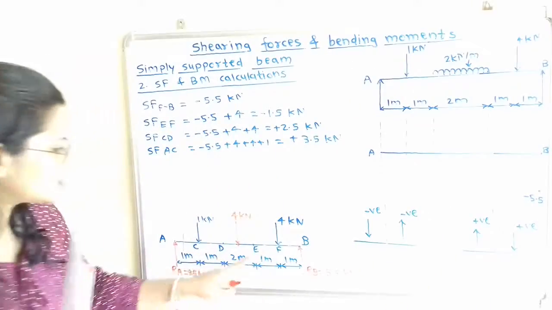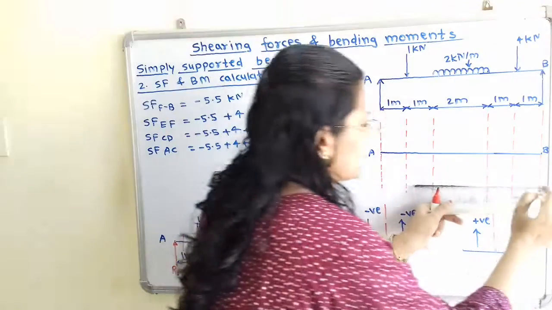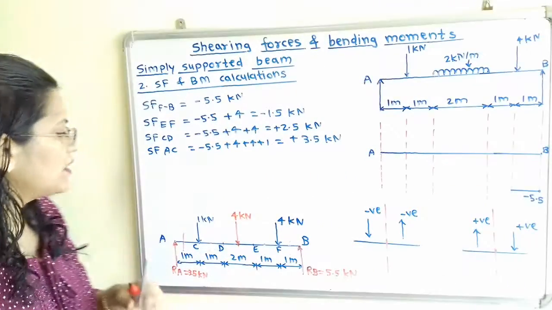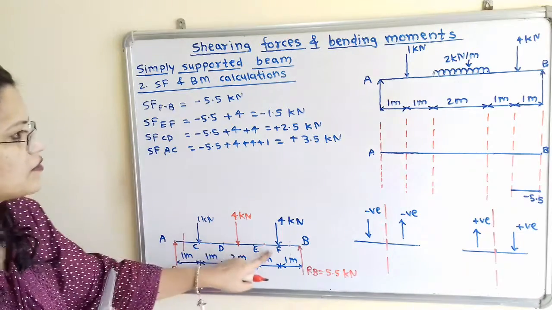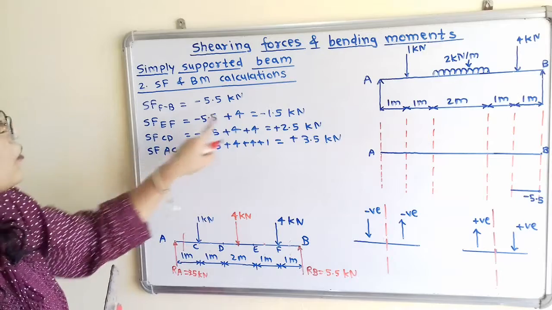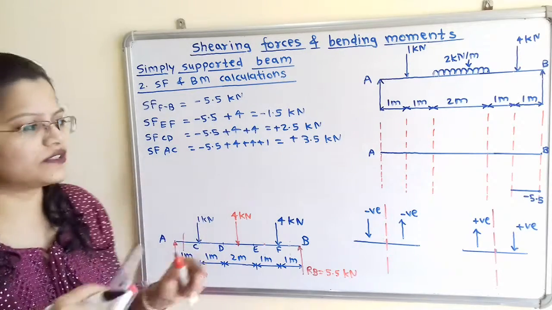Now in this section FB, this value will remain constant because this is the shear force value due to the point load. Now next is EF. So here is EF. Now during this EF, the value is minus 1.5. So this will also remain constant.